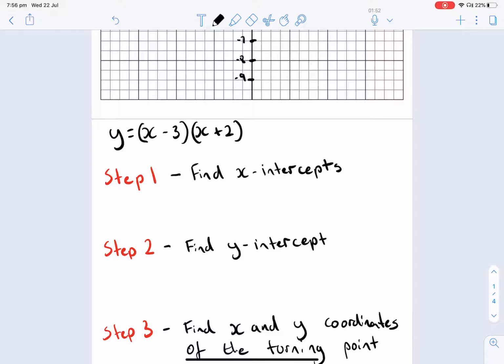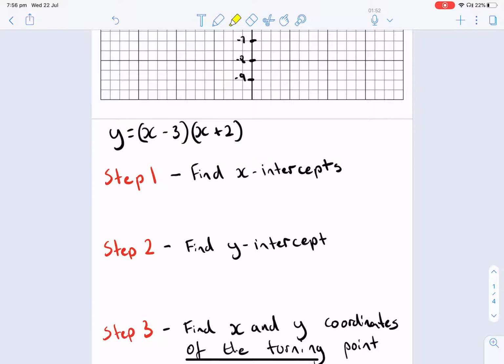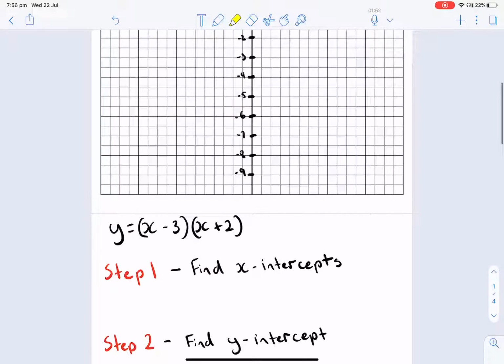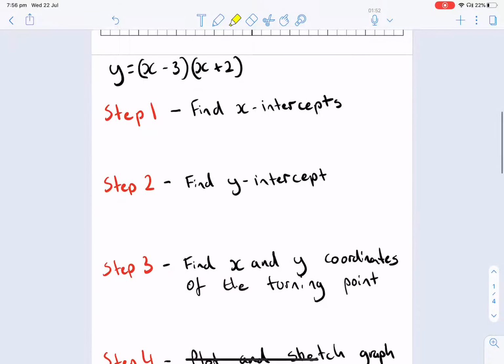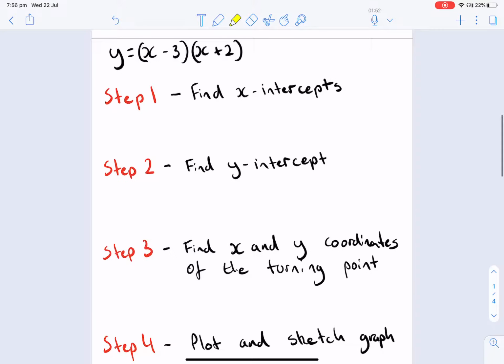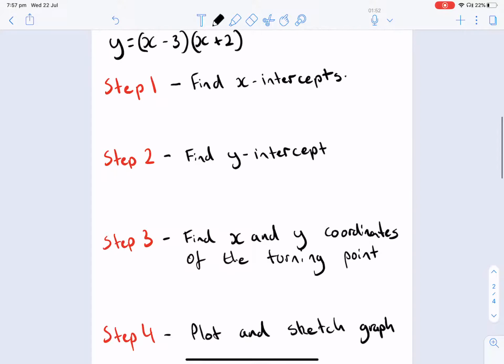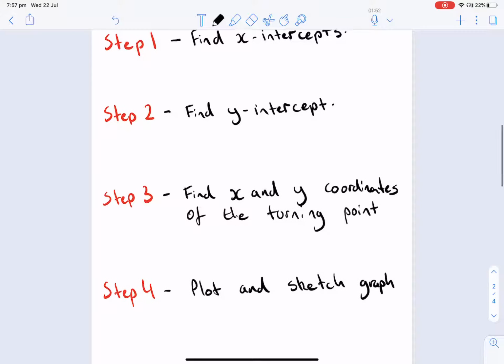We're just going to have a look at how we solve and then sketch a quadratic equation. First things, there are 4 steps to this process. First thing we need to do is find the x-intercepts, which we have here, then find the y-intercept.